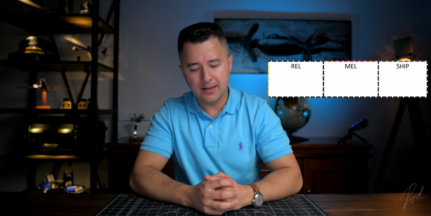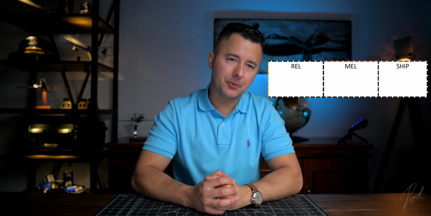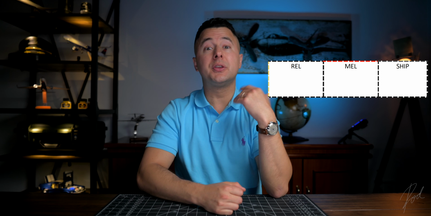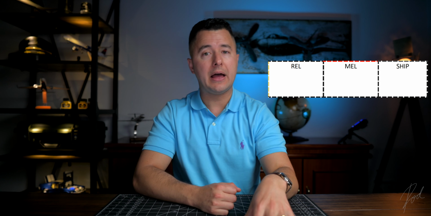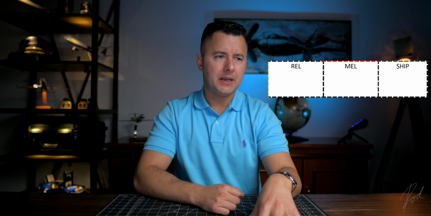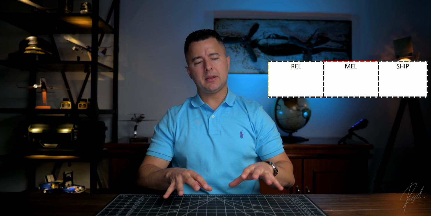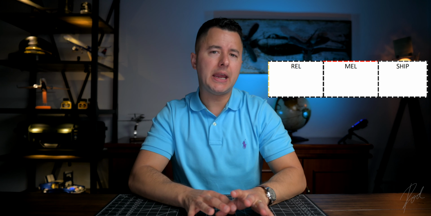Release, MEL, and ship. The release is referring to the version of the paperwork that you have in your hand. As major things change before you go fly, which sometimes can happen.